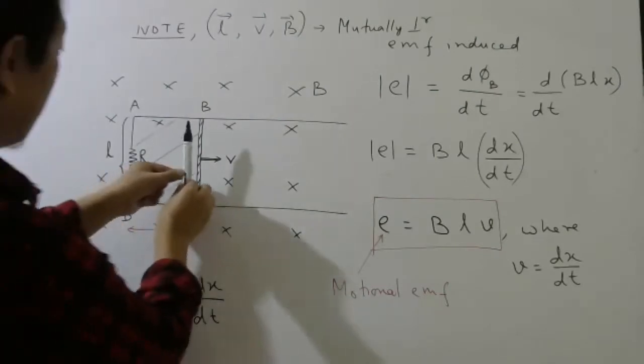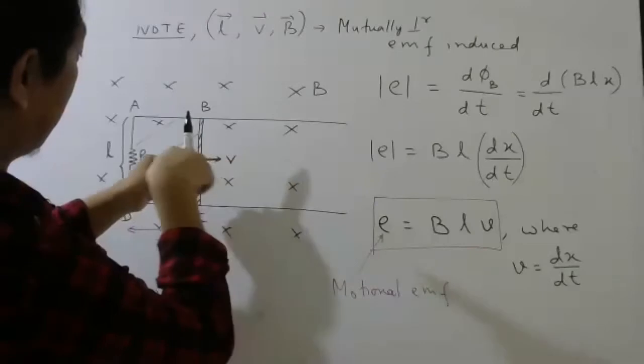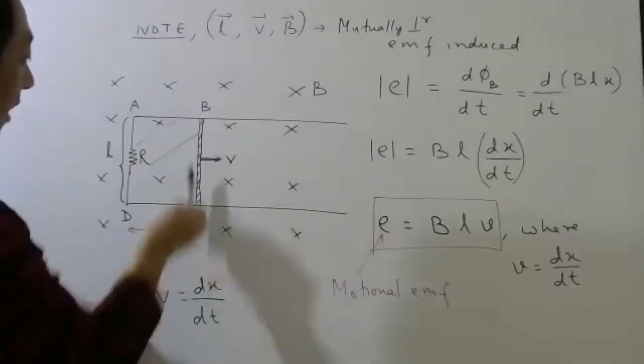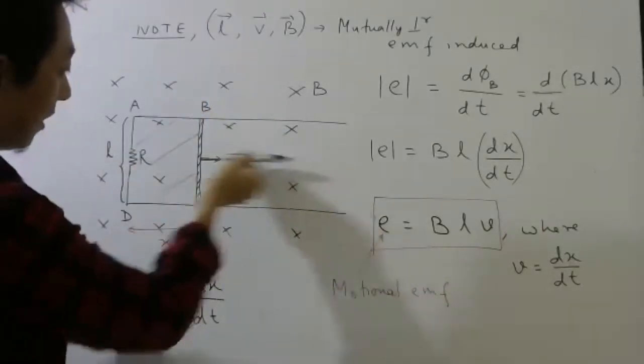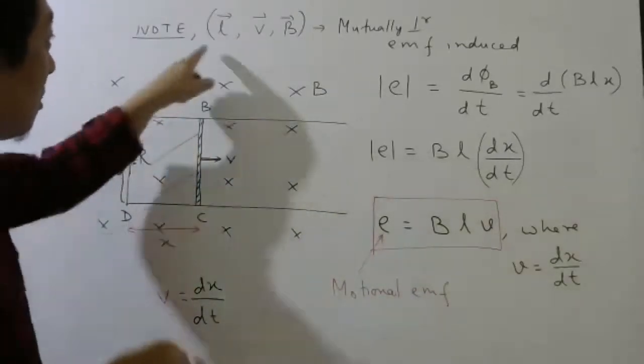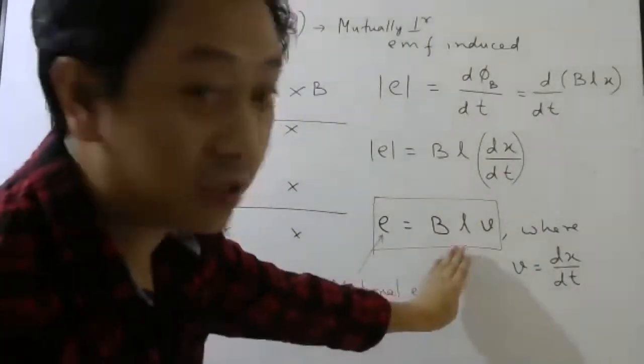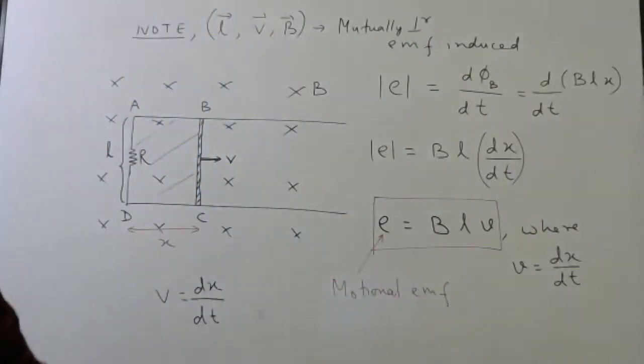You can see the length of the rod is like this, velocity is like this, magnetic field is like this. So if this is along the y-axis, this is along the x-axis, this is along the z-axis. Correct now? So these three vectors are mutually perpendicular. Then only you can use this formula.